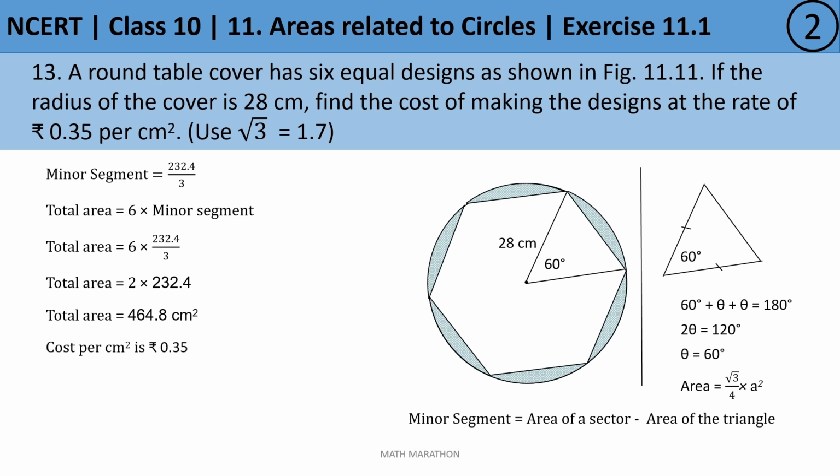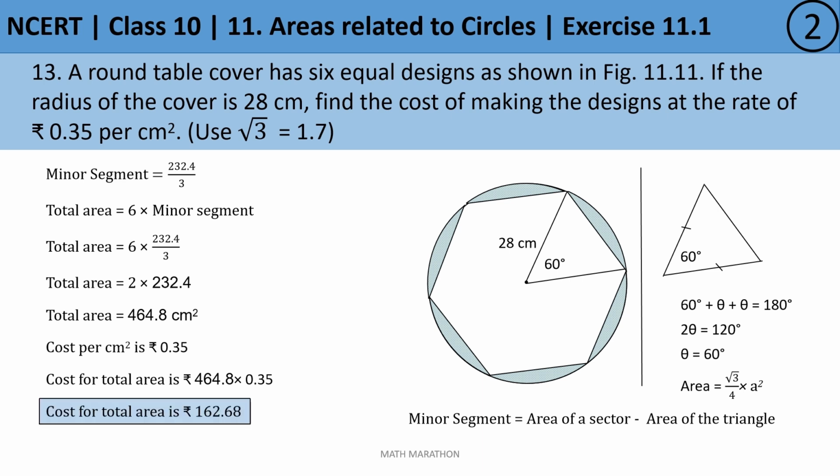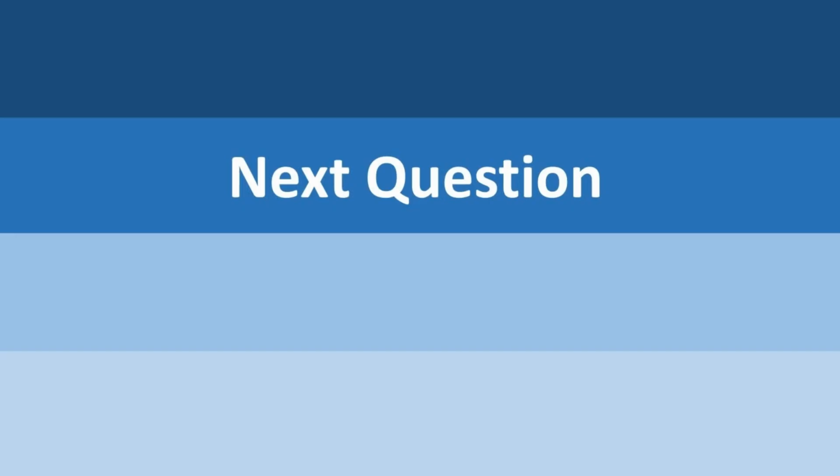Cost per centimeter square is 0.35 rupees. Cost for total area is 464.8 multiplied by 0.35. Cost for total area is 162.68 rupees. Let us see next question.